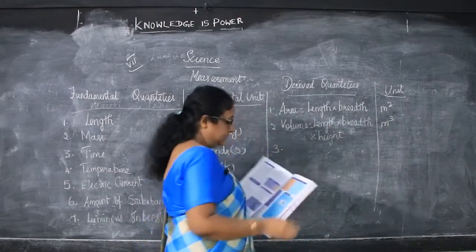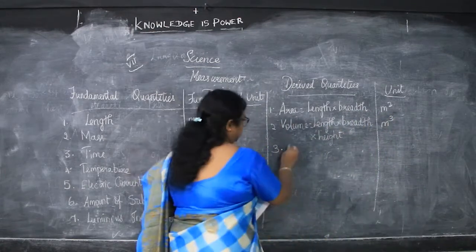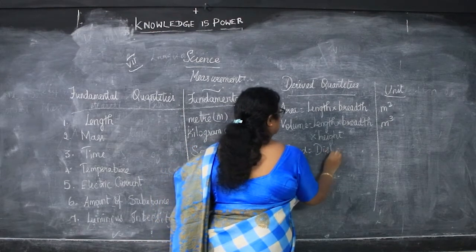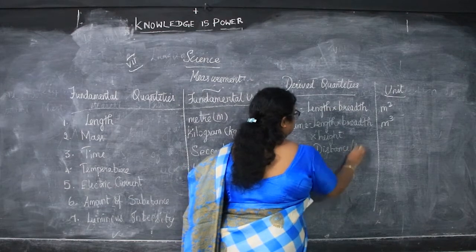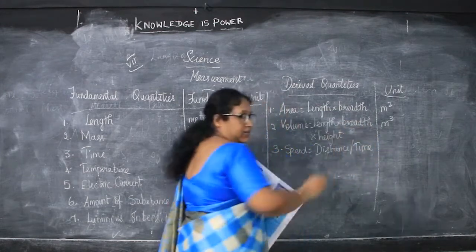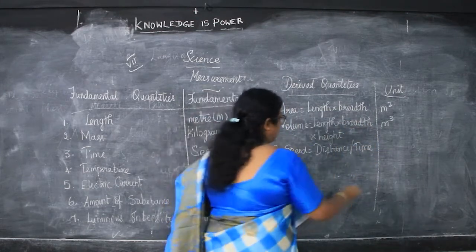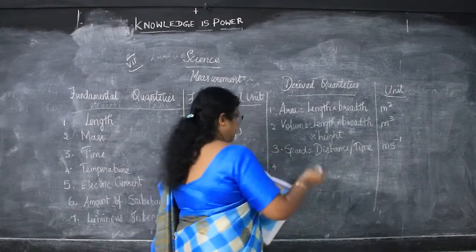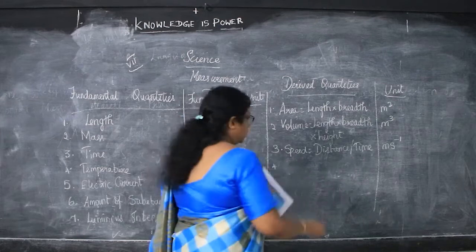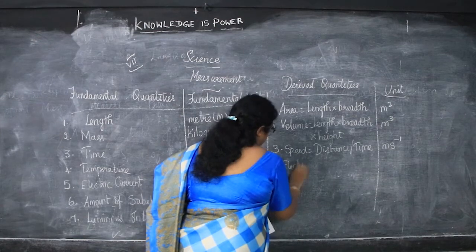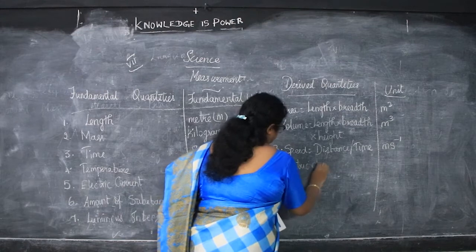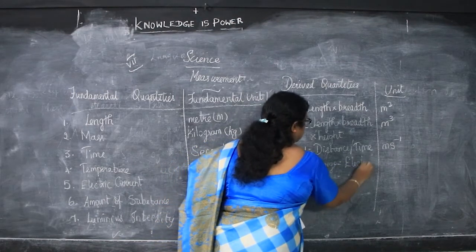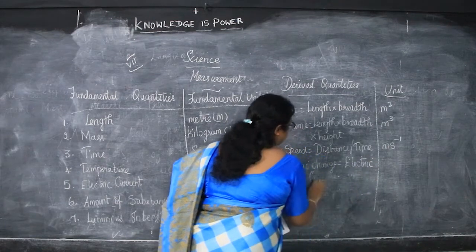Now next, speed, distance travelled in a time, distance by time, and this is recorded as ms to the power of minus 1. Then electric charge, that is electric current into time.